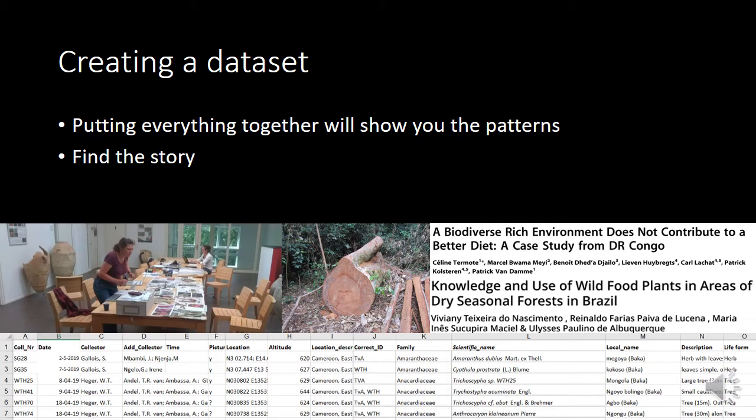And from this observation, you can start. Of course, you've read a lot about the subject, so you compare this with the literature that you read, and we found out that there was kind of a discrepancy between what the literature cited and what we had found. Many pieces of literature said that biodiversity in a place doesn't really contribute to the diet. And these studies we found were mostly based on free listing and dietary recall studies, while with our walk in the woods study we found different results.